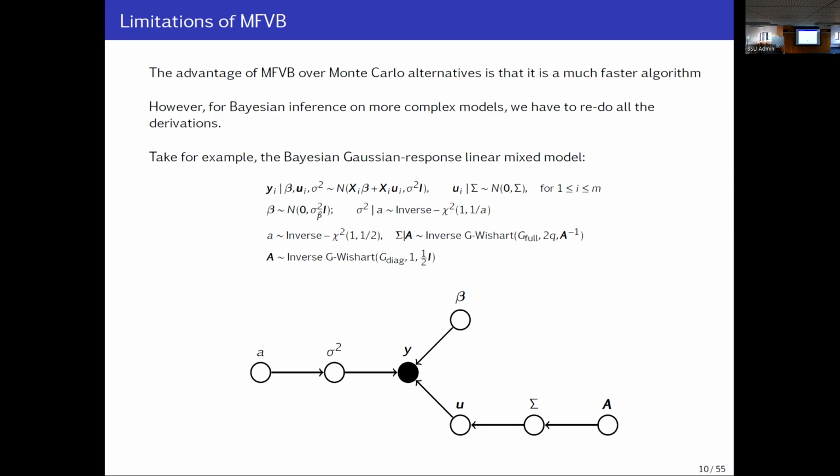Not exactly, because the distribution of A conditional on the others depends on sigma squared, if I'm not wrong, right? You don't have to do it again because if you calculate the updates for A, for instance, do you only use the sigma squared process, or others as well? Sorry, I didn't understand the question. Yeah, I mean that if you want to redo the derivation for this, then for some variables you can still reuse what you have done before.